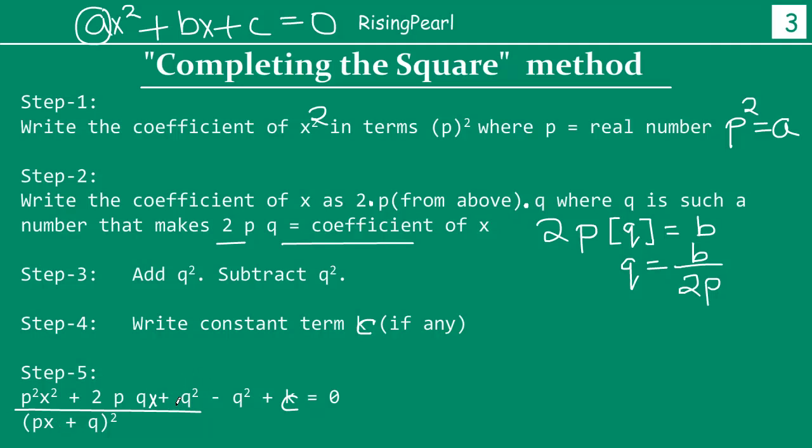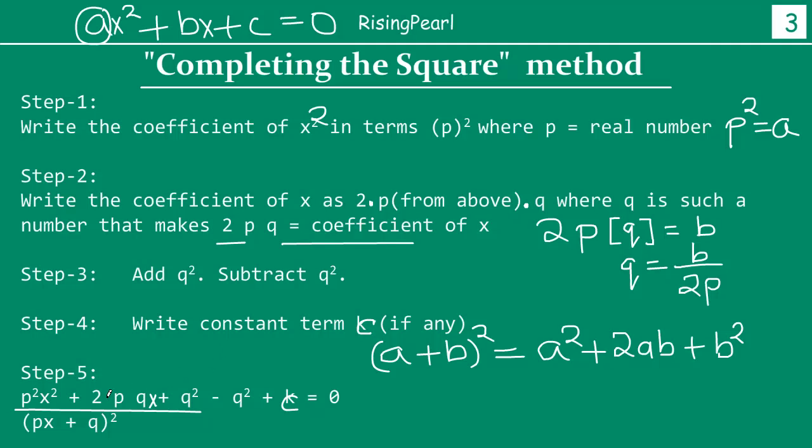That is why this plus q square is important, because if you relate this, you can see that this is actually of the form (a + b) whole square, which is a square plus 2ab plus b square, right? So the first term is this whole square, then plus 2ab, this is the 2ab term, and this is the b square term.